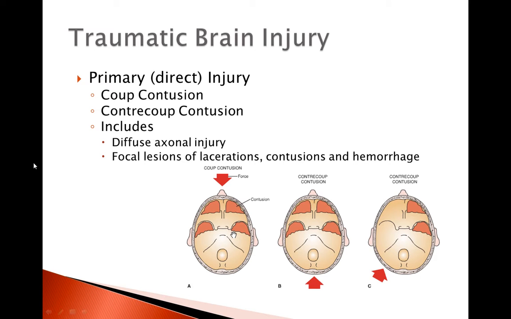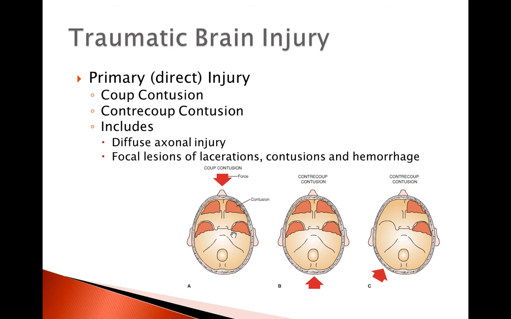There can be bleeding. A number of things can go on here. Okay, so these are what we would call the primary injuries. This is the force of some impact causes the injury. It's either right at that same spot or opposite the point, but it is a direct or primary injury. It's the injury of force.